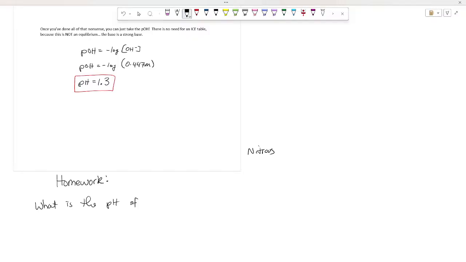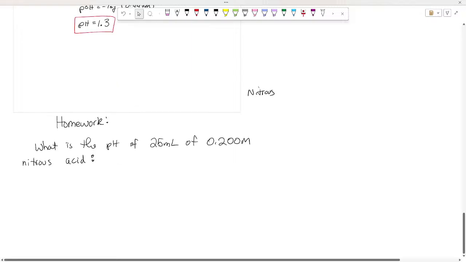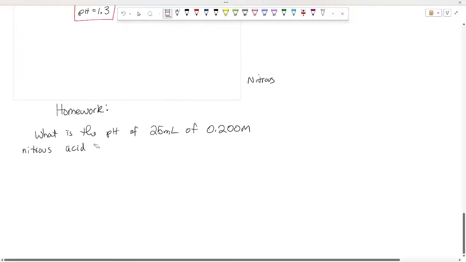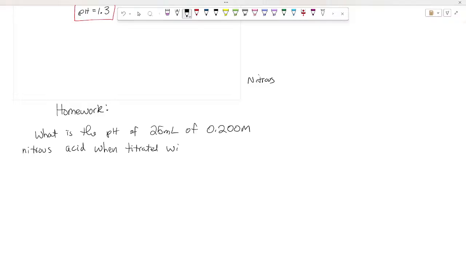What is the pH of, we'll say, 25 mL of 0.200 molar nitrous acid when titrated with 0.100 molar NaOH?